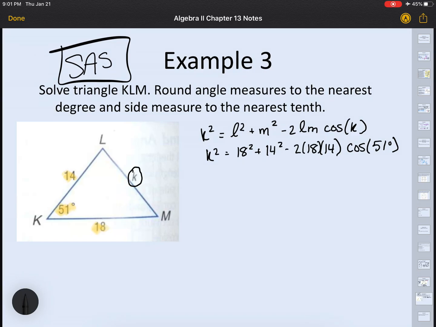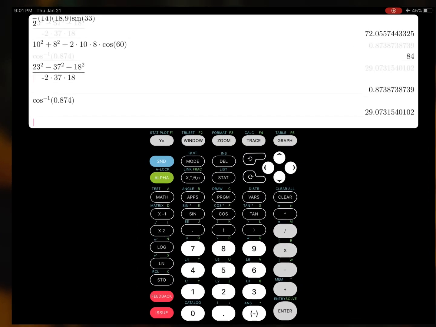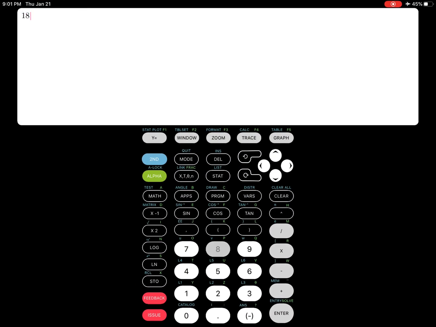Alright, so we're going to plug all that in the calculator. So 18 squared plus 14 squared minus 2 times 14 times 18 times the cosine of 51 degrees, and we get about 202.8.